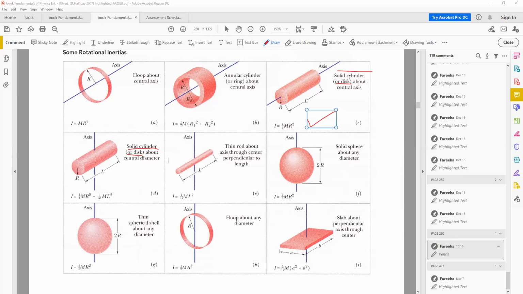Real life, ma'am, the hard ball we play is solid, but the other kind of plastic balls we play are hollow spheres. Okay, good. So now, in the example we are solving, we are going to use this formula, I is equal to half m r squared.